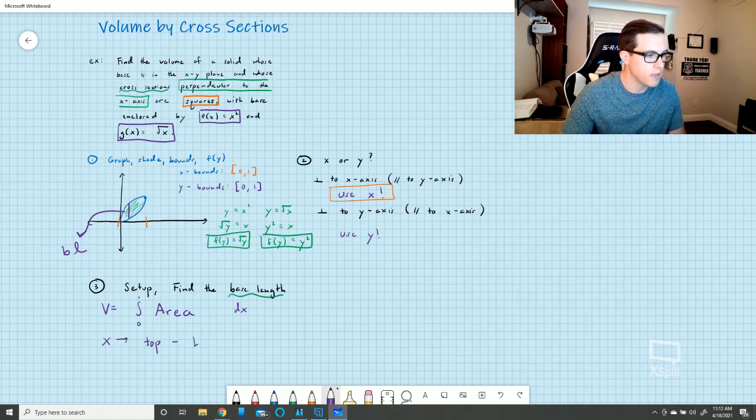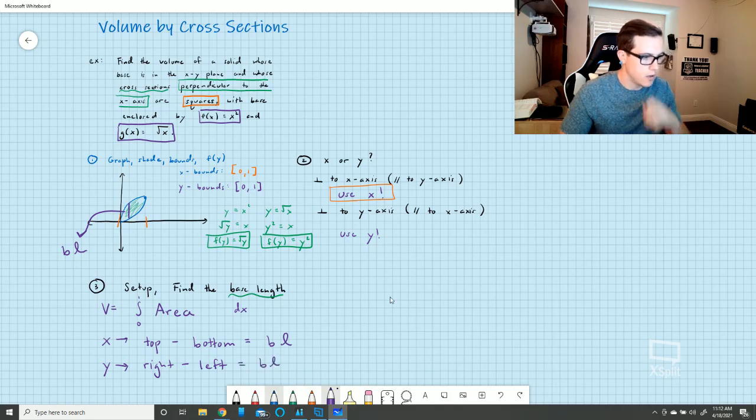It's top minus bottom equals the base length. When we're dealing with y, it is right minus left. That would be the base length. So in our problem, we are dealing with x's. So it's the top curve, which is root x, minus the bottom curve, which is x squared. This is my base length.